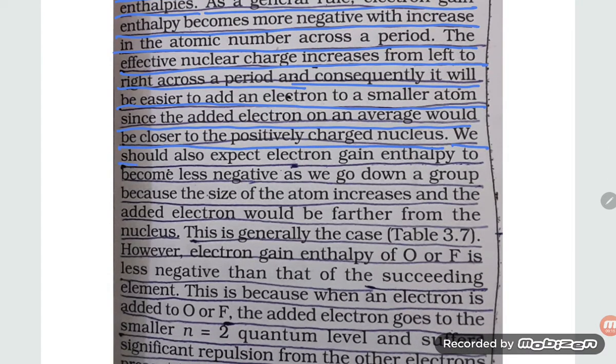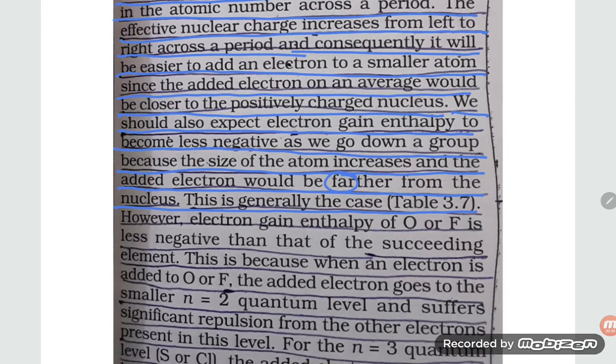We should also expect the electron gain enthalpy to become less negative as we go down the group, because the size of the atom increases and the added electron would be far from the nucleus. In Table 3.7 we will read how the electron gain enthalpy of oxygen or fluorine is less negative than that of the succeeding element.